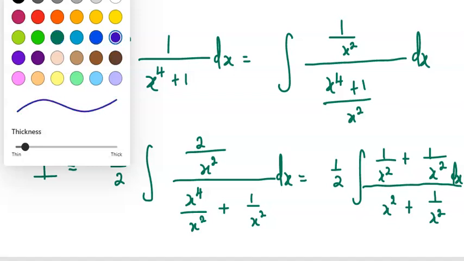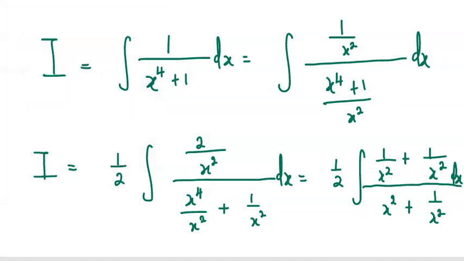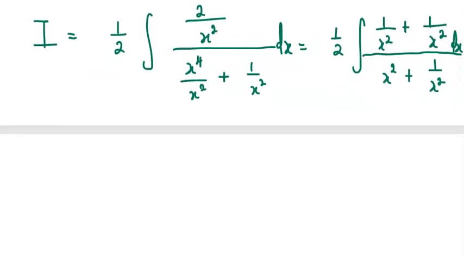So what do you think we're going to do next from here? Now here comes the magic. We're going to do the following. Our I will be same as if we have 1 over 2 here, and then we have our integral sign. So we can do the following. Negative 1 plus 1 over x squared.